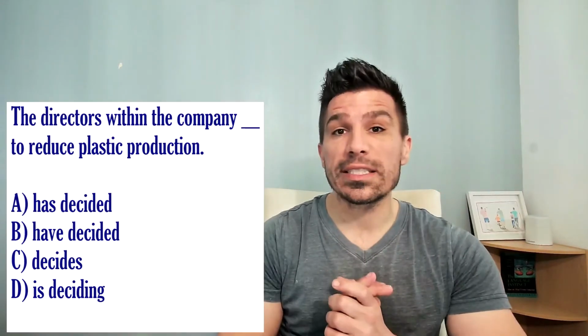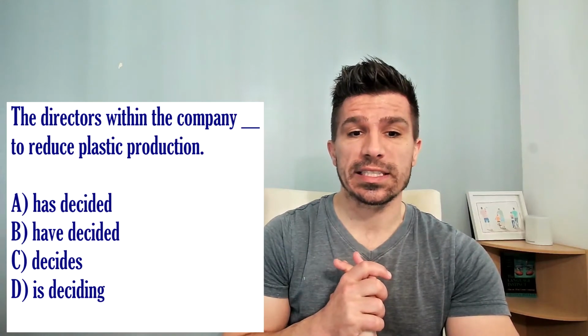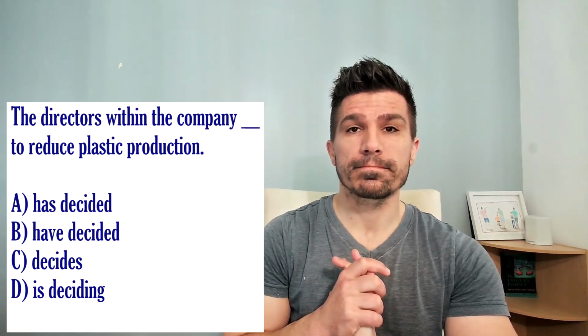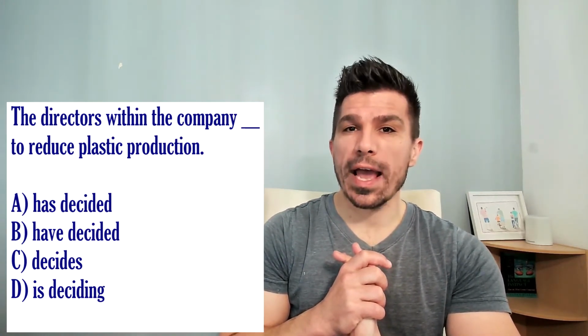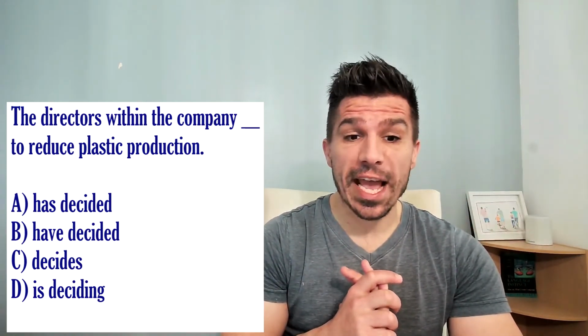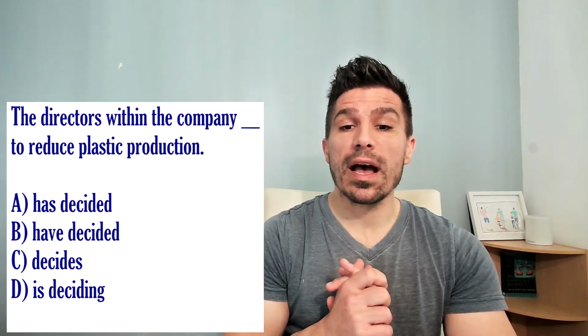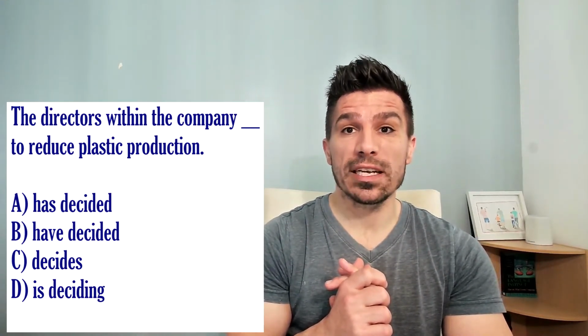The first mistake, well, let's look at a question here. Take your time and decide what the answer is. Okay, let's go over this and I will tell you the answer. It says, the directors within the company to reduce plastic production.